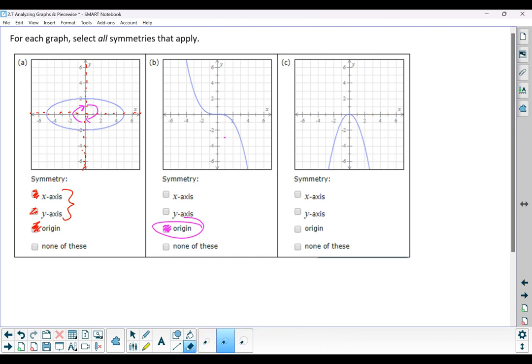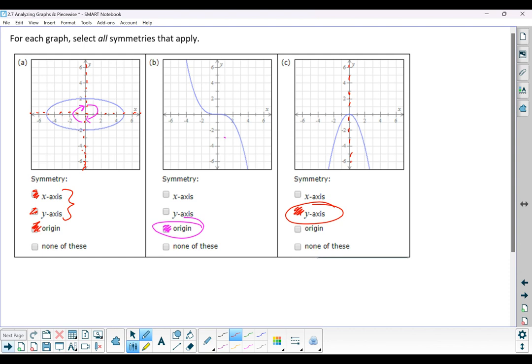It's only below the x-axis, so definitely not x-axis symmetry. We do have some y-axis symmetry happening here, and not symmetric with respect to the origin. If we rotated it 180 degrees, it would be an upward-facing parabola, which is much different than it is right now.